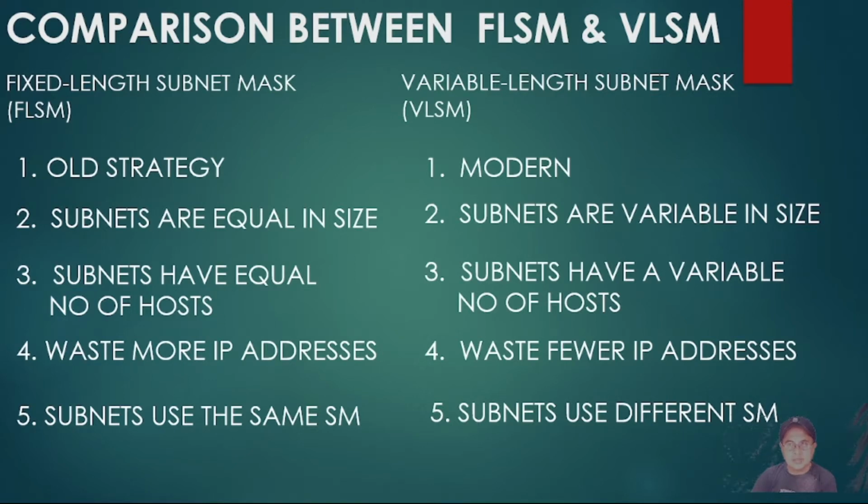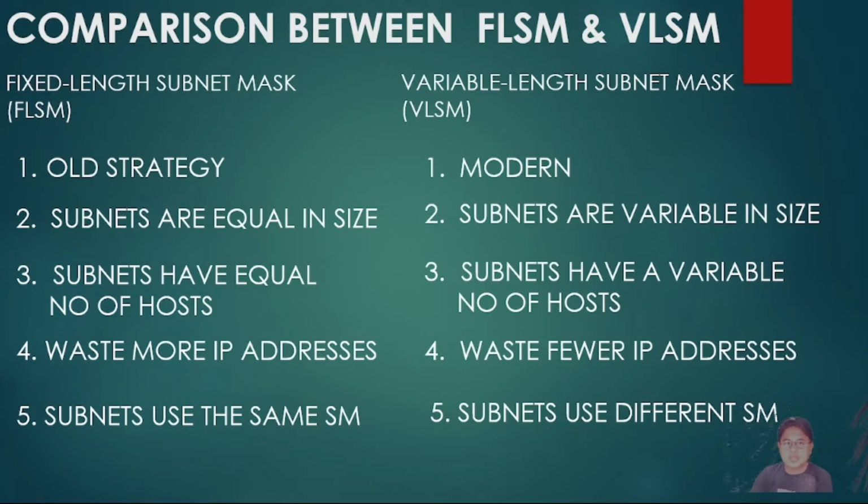Subnets are equal in size because after you subnet a particular given network ID, all the subnet masks are the same across the different subnets. Whereas in a variable length subnet mask, the subnet masks of the subnets are of different size. That's why in VLSM it is very important to use the CIDR, or classless inter-domain routing notation.